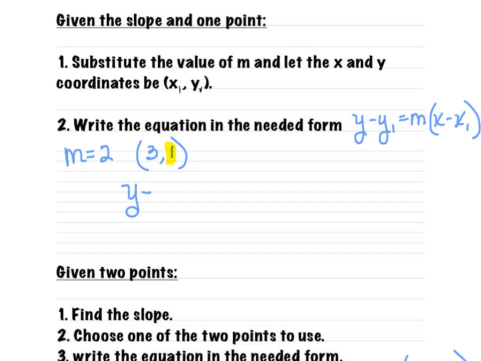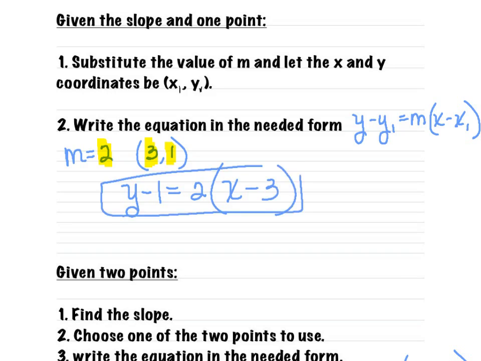So we would say y minus 1 equals, I've got to substitute for the slope. M is 2, so it's going to be 2 times x minus, and now I substitute x1, which in this case is 3. And I'm done. You're just going to substitute m, x1, and y1. Okay? All right.